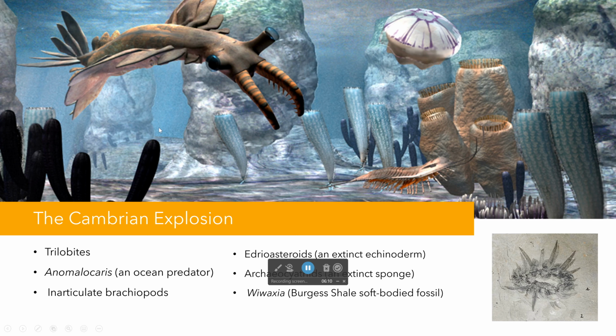There are inarticulate brachiopods, which we'll see later also in the Paleozoic lectures. Edrioasteroids, which are extinct echinoderms. Archaeocyathids, which are a type of sponge, and those are in this image, all these light blue cone-shaped features. Those are archaeocyathid sponges. And then some very interesting soft-bodied creatures are also present. So Wiwaxia is from an exceptional preservation example in the Burgess Shale, and that's shown in the bottom right here.